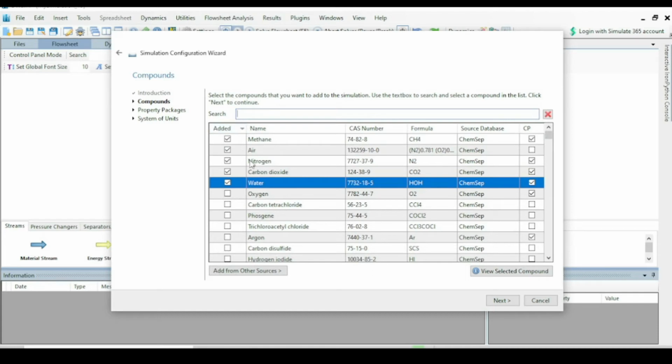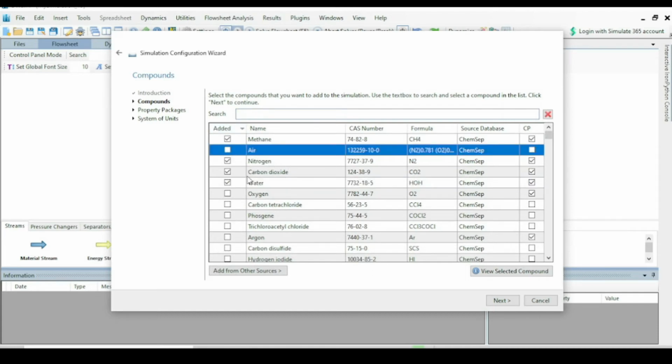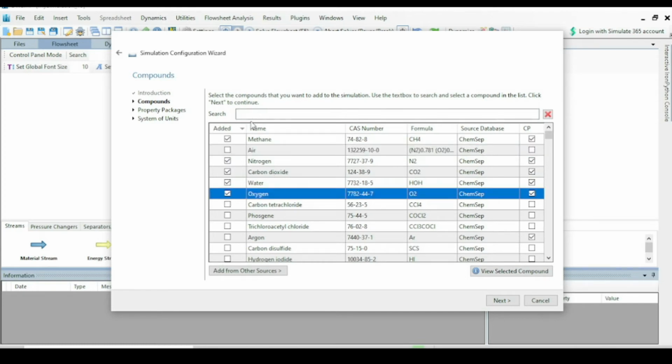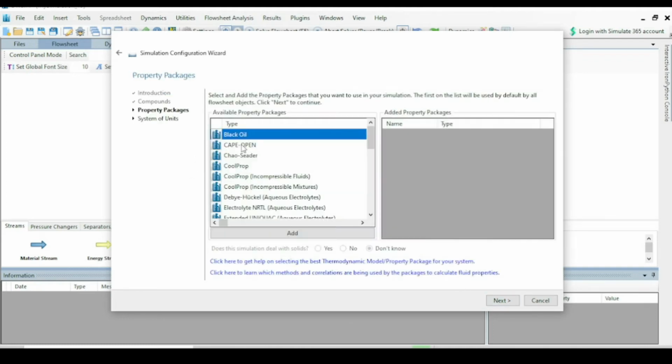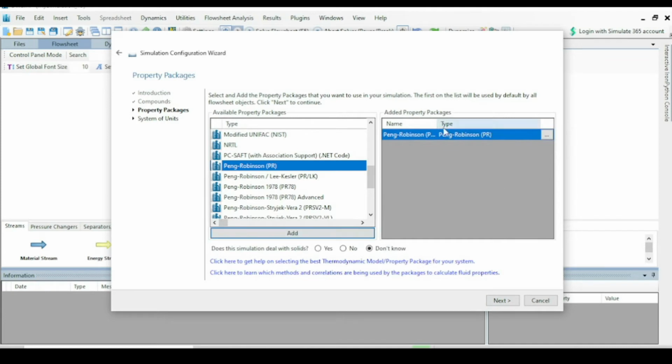Just reconfirm all the components: methane, nitrogen, carbon dioxide, water, and oxygen. So all the desired components which are participating in the chemical reactions, we have just selected them. Then just simply select next, and here we have to select Peng-Robinson as the property package.